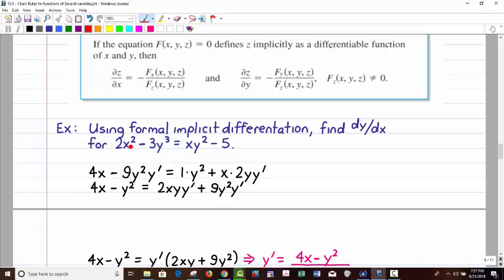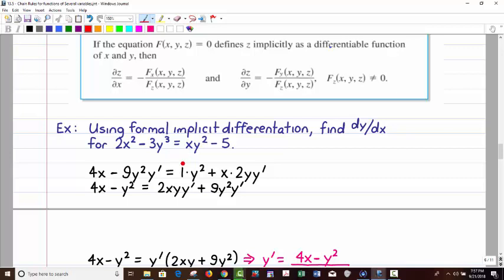So the derivative of 2x squared would just be 4x. Now the derivative of negative 3y cubed would be negative 9y squared y prime. Anytime you differentiate a y, you have to put y prime there. Now the next one, we've got a product rule. Remember you have two orders for the product rule, so I'm going f prime g, starting with that order.